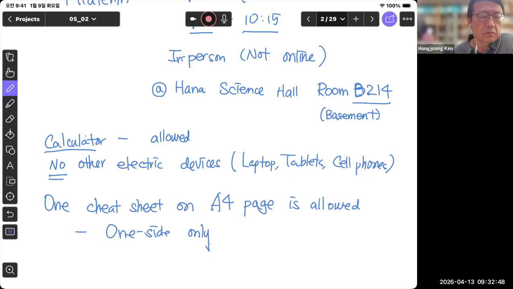If your cheat sheet has two sides, I mean, if you write down on both sides of the paper, it will be confiscated. You cannot use it. And all the information on your paper must be handwritten only.